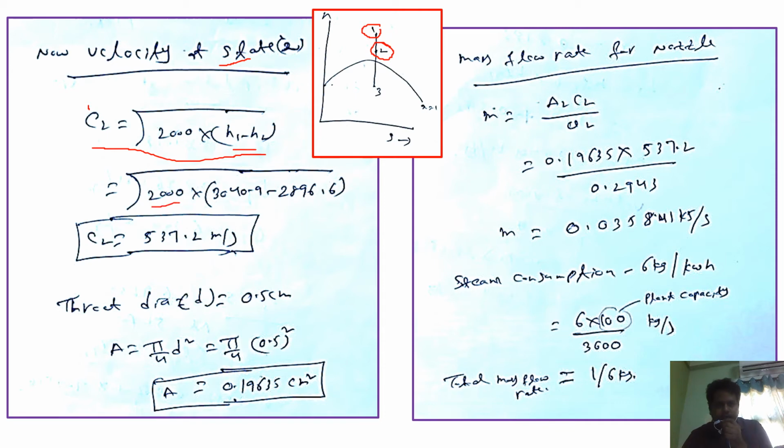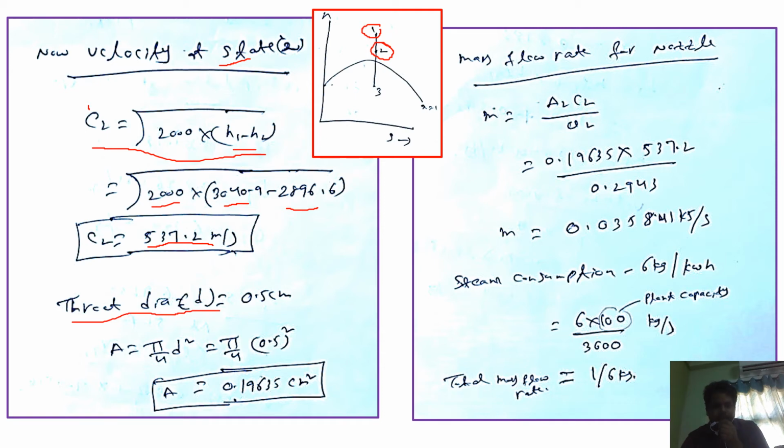The H1 value we already calculated at point 1, and the H2 value also at point 2. Once we substitute, we get the velocity of the fluid at state 2, that is 537.2 meter per second.